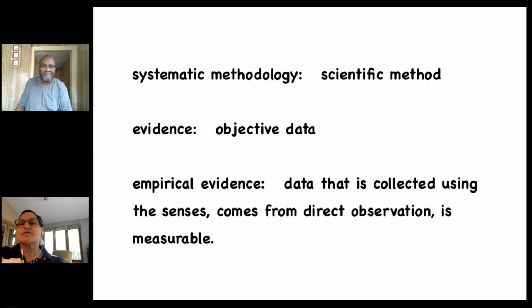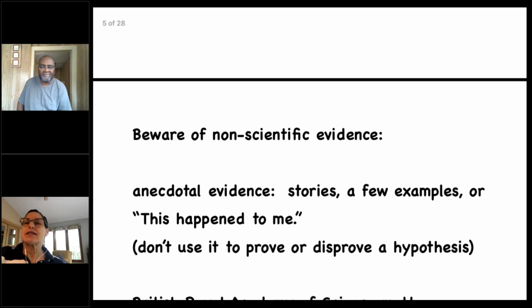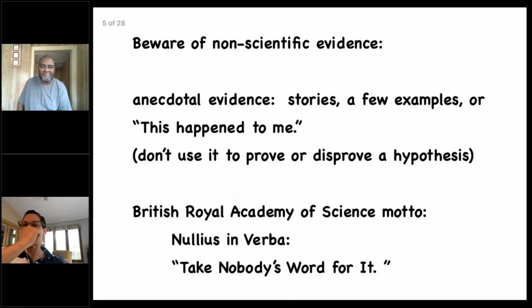Evidence is objective data, and empirical evidence is the kind of data that you use in science that is collected using the senses. What we see, hear, touch, feel, smell, taste comes from direct observation. You can measure it. Empirical evidence is different than non-scientific evidence. Beware of non-scientific evidence.